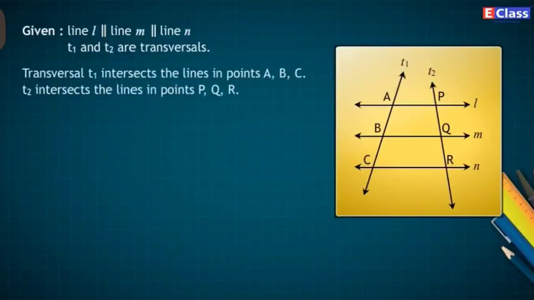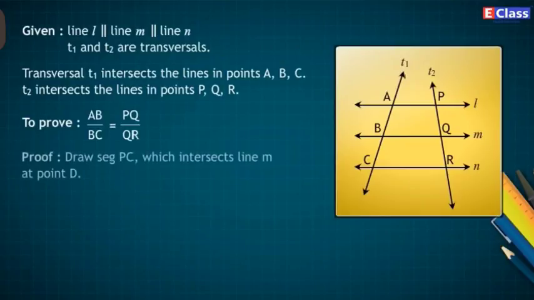Transversal T1 intersects the lines in points A, B, C. T2 intersects the lines in points P, Q, R. To prove: AB upon BC is equal to PQ upon QR.